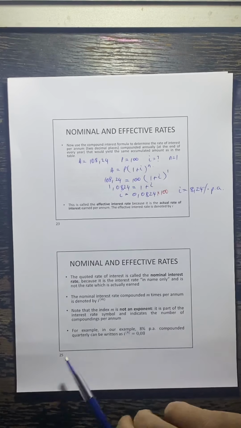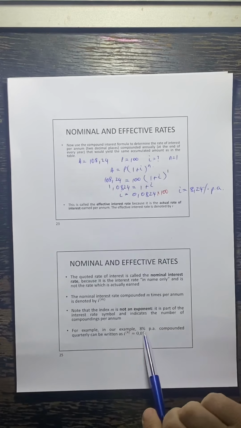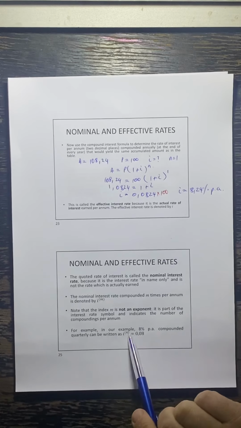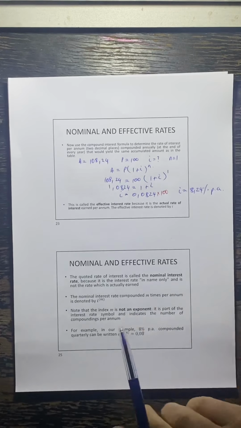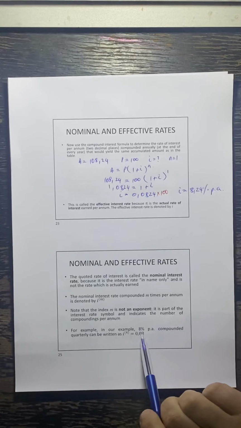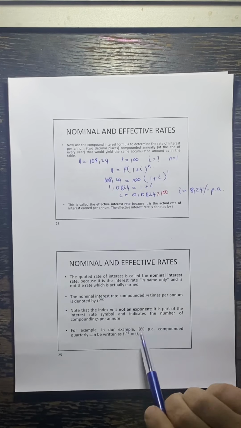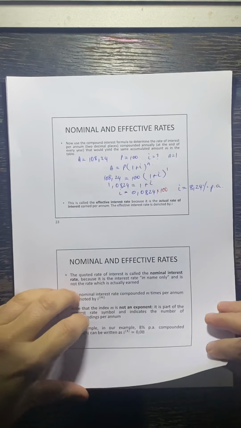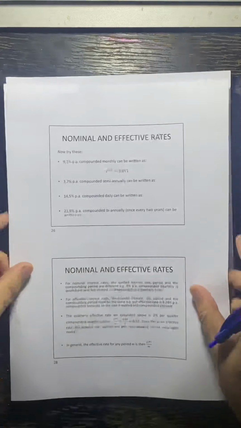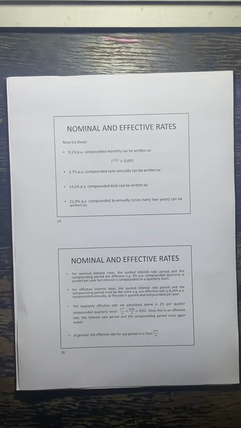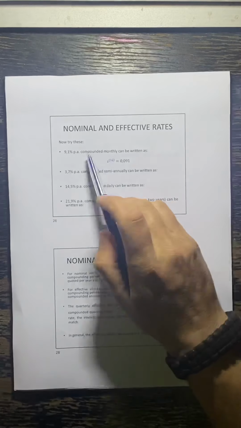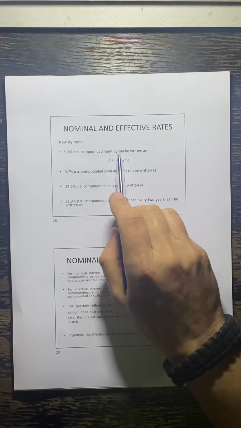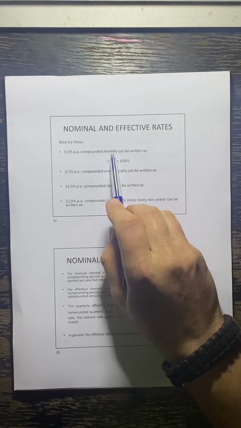Okay, so for example, in our example, we had 8% per annum compounded quarterly. This can be written as i_4 because there's 4 quarters in the year and it's equal to 0.08. Remember, you just take the 8% over 100. Okay, now try these. 9.1% per annum compounded monthly can be written as, now, how many months are in a year?